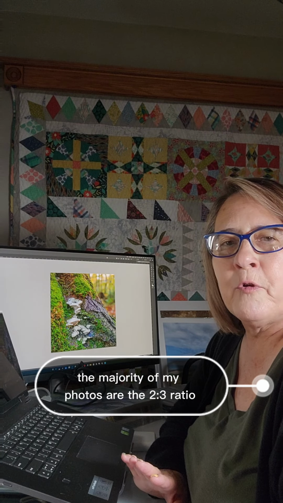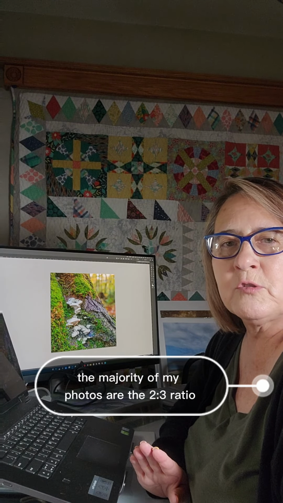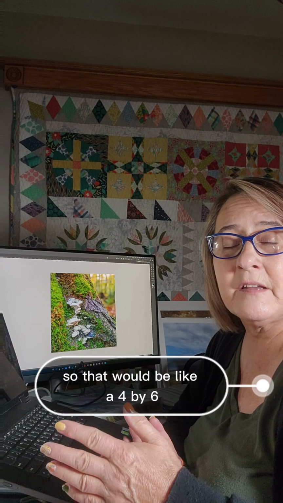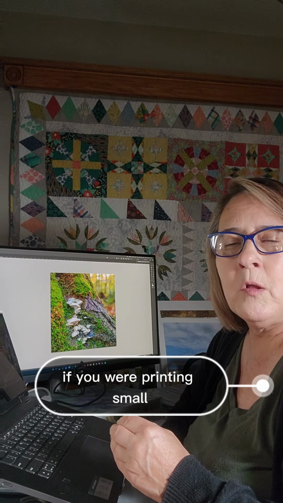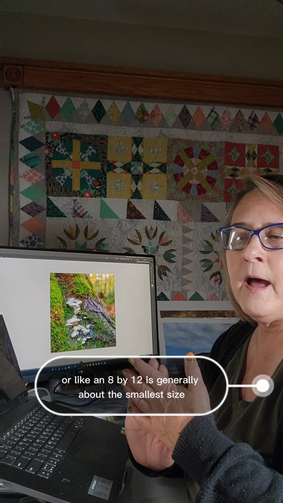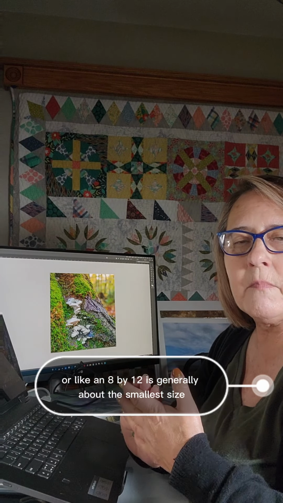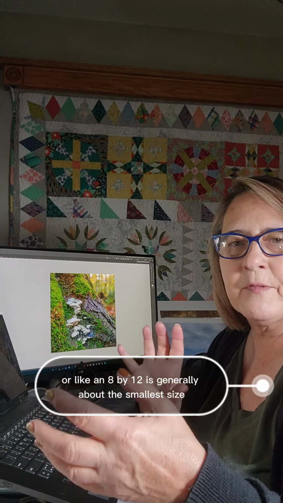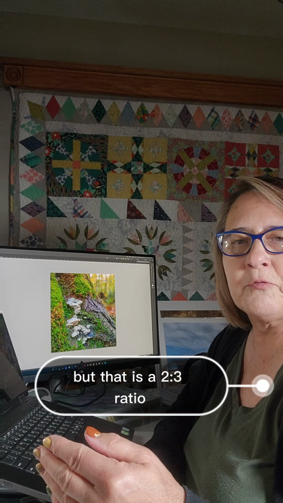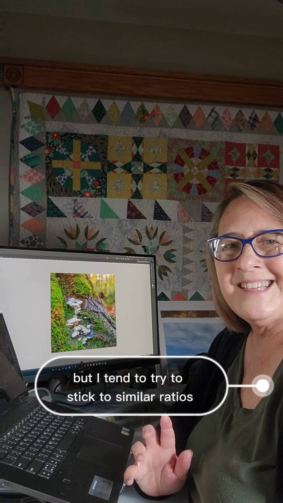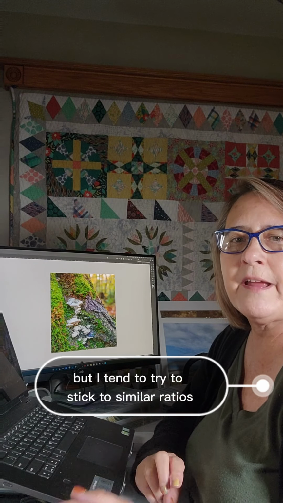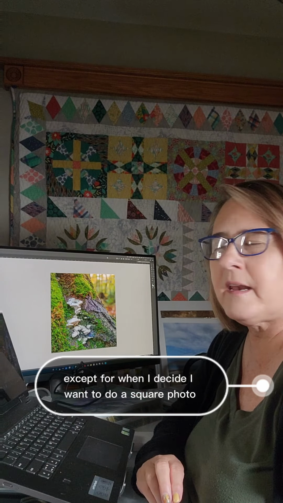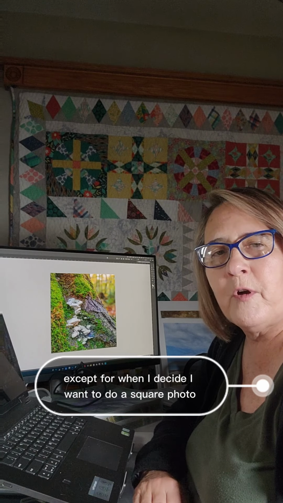The majority of my photos are the 2:3 ratio, so that would be like a 4:6 if you were printing small, or like an 8:12, which is generally about the smallest size that I have on the website. But that is a 2:3 ratio. There are other ratios I could do, but I tend to try to stick to similar ratios, except for when I decide I want to do a square photo.